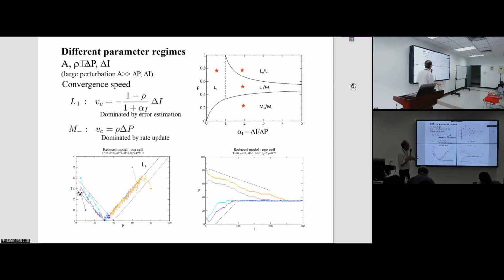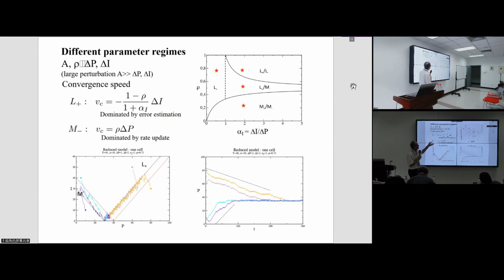So basically these are trajectories in this firing rate estimated error plane. You go down, and this is the place where you refine your estimate, and then everything goes down.